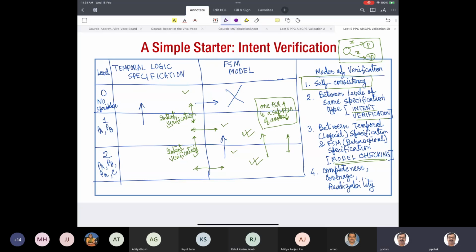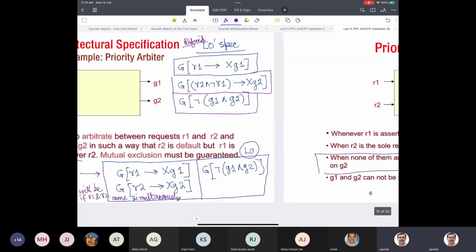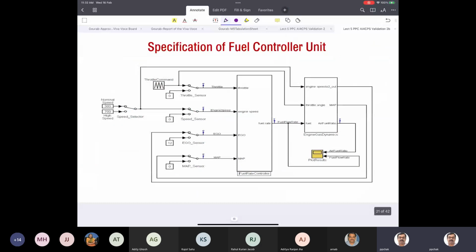So this was the whole verification paradigm: intent verification in the same layers and implementation verification across layers. Let us understand this. While these are toy examples, here is a specification for an automotive fuel controller. It has two boxes: one is called the fuel rate controller and the other is called the engine gas dynamics controller.